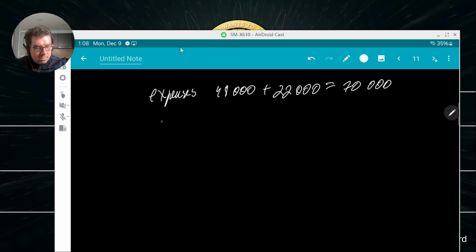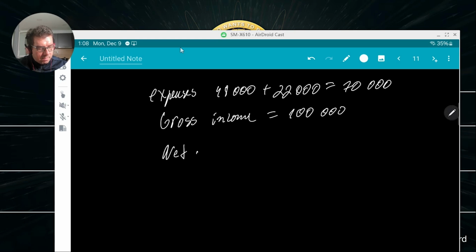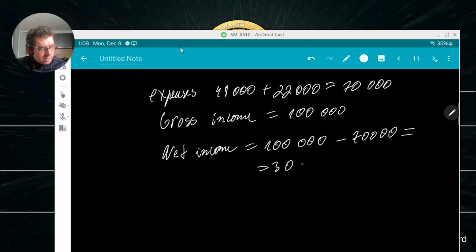Gross income equals 100,000, and this means that the net income will be just the gross income minus expenses, right? Net income, 100,000 minus 70,000, this equals 30,000.